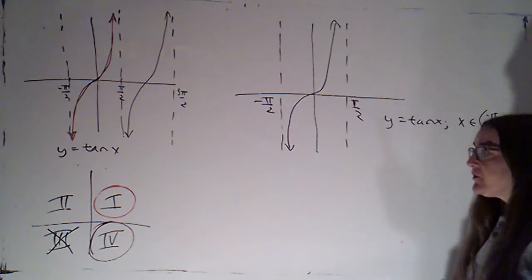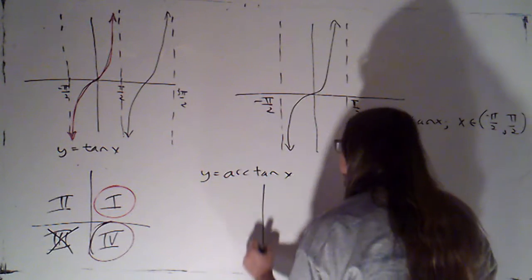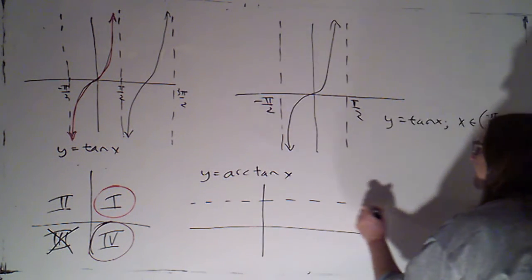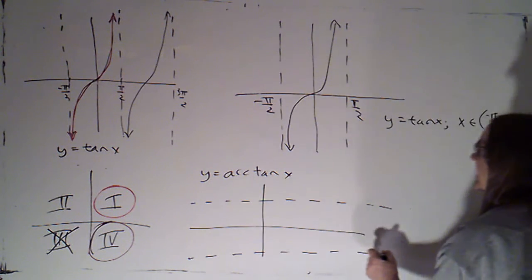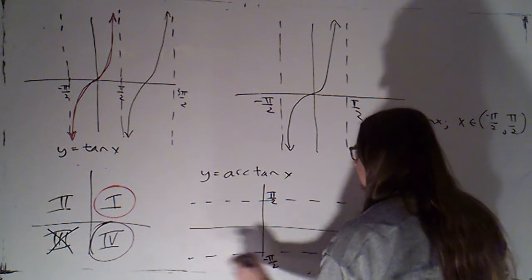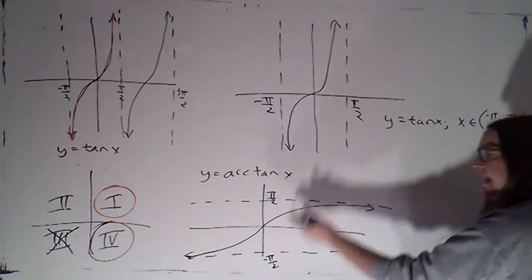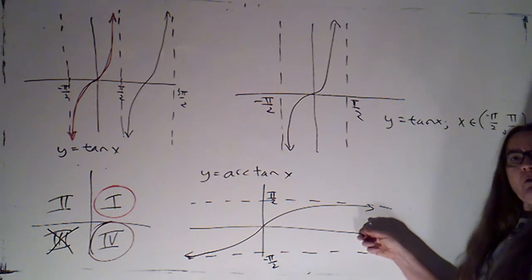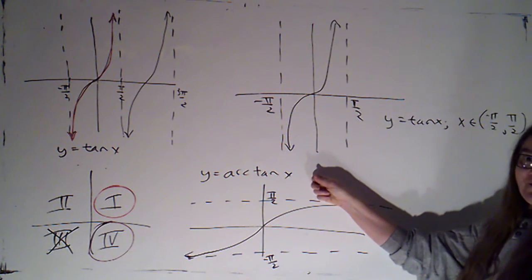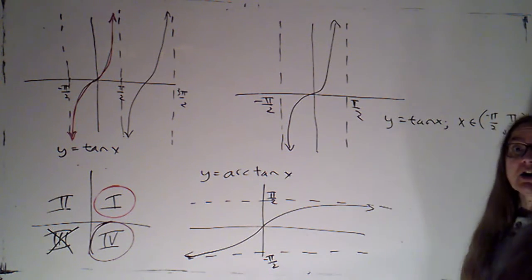So we take the inverse of this, and that gives us y equals arctangent of x. Now that is a graph that you should be familiar with, because what happens when we take the inverse is that these vertical asymptotes become horizontal asymptotes. So we've got horizontal asymptotes at heights of pi over 2 and negative pi over 2, and knowing that graph is the easiest way to describe the end behavior, the limits as x goes to infinity or negative infinity, of arctan.